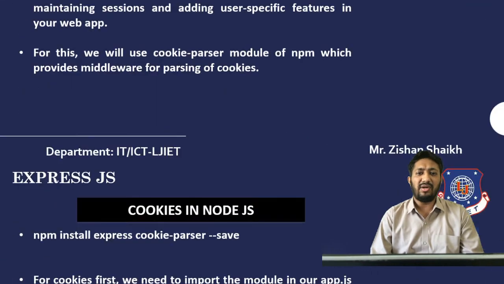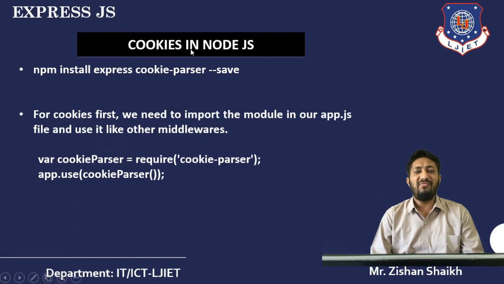For that we first have to install it. For the installation we use npm install express cookie-parser with the --save flag. Using this line, we can set up the cookie-parser middleware to maintain cookies at your browser. Then in your basic program, you have to add it.